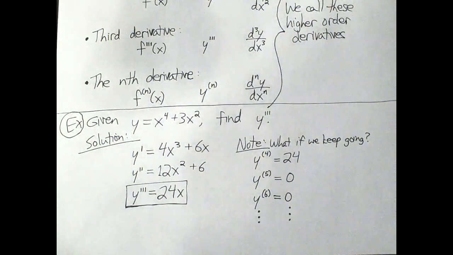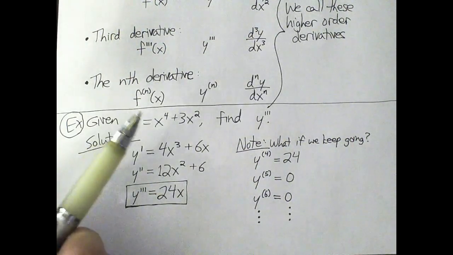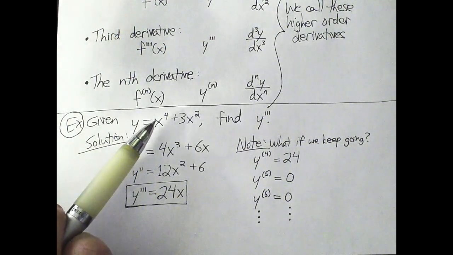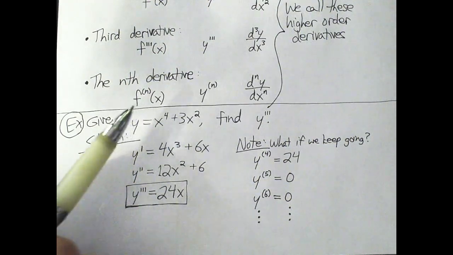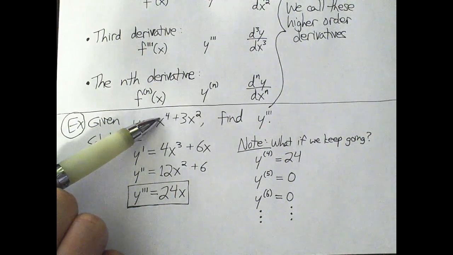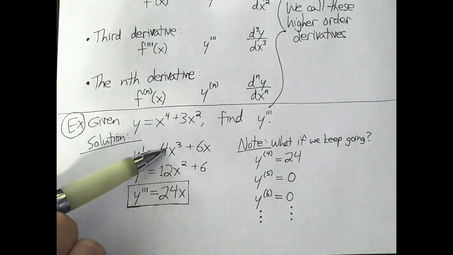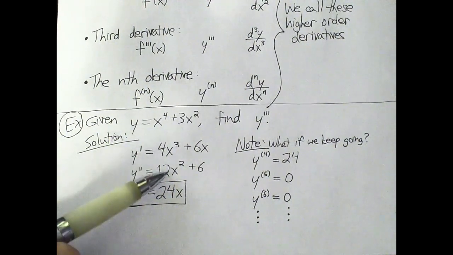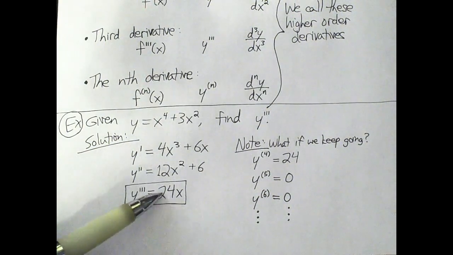Every polynomial, if you take the derivative enough times, you eventually get to just zeros. Okay, but there's more to math than just polynomials, other types of functions that might not do this. But for the sake of discussion, when we have a polynomial, notice that the problem was a 4th degree polynomial. When we took the derivative, we got a 3rd degree polynomial. We took the derivative of that, it was a 2nd degree. We took the derivative of that, it was a 1st degree.